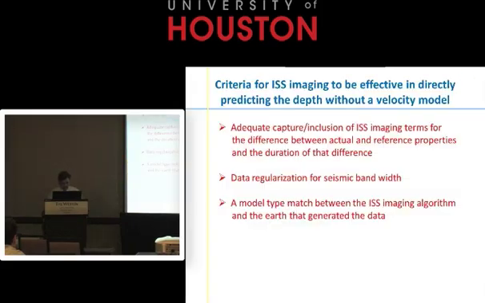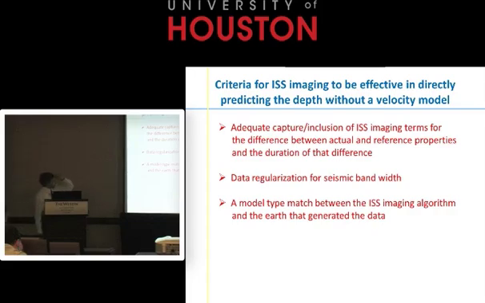So there are criteria for ISS imaging to be effective. So the point is that what we just said was not the plan. This was going to be the plan. We're just going to remind people of what we told them last year so they get a sense of the status of things and what we've done. But there are criteria.